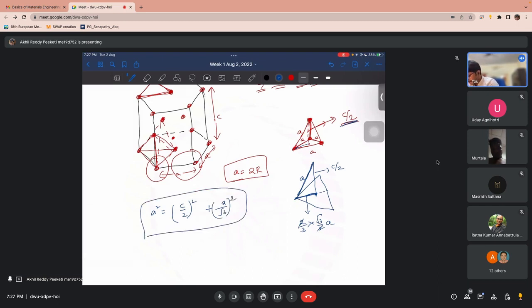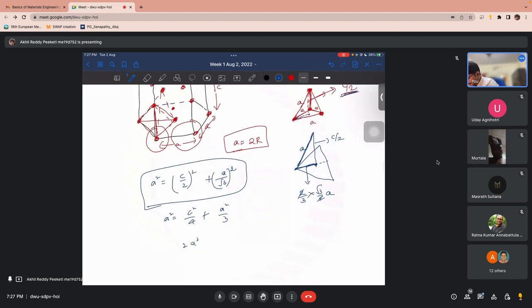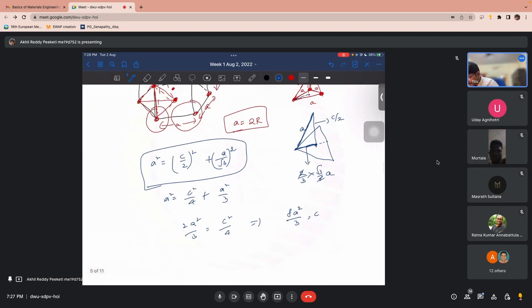So this way you can estimate C in terms of A. Okay, let's derive it. A square is equal to C square by 4 plus A square by 3. So 2A square by 3 is C square by 4. So C is equal to root over 8 by 3 into A.